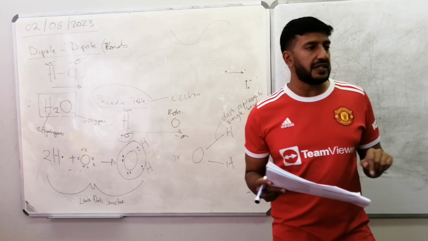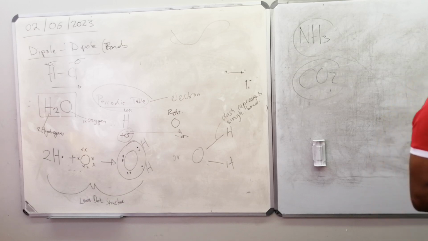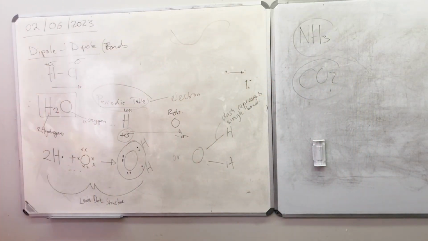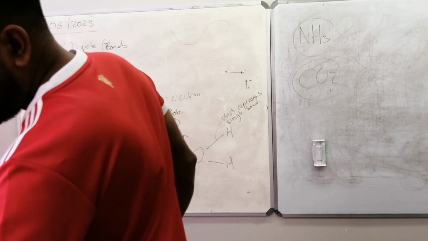Tell me how many unpaired electrons are in this ammonia. Look, can you see the 2 X's there? There are no dots around it. So it's 2 unpaired electrons.